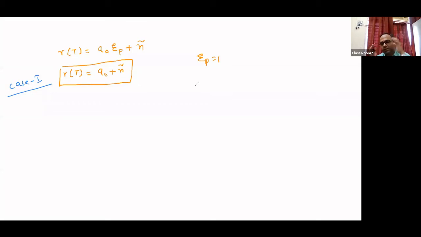But in a matched filter, for example, we are having a matched filter, and the response of this filter is h(t). Any arbitrary impulse response we can take. So what is the meaning of matched filter? Matched filter means the response of this filter should match the incoming pulse.